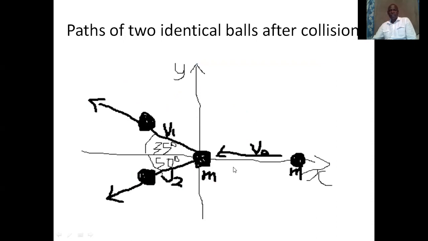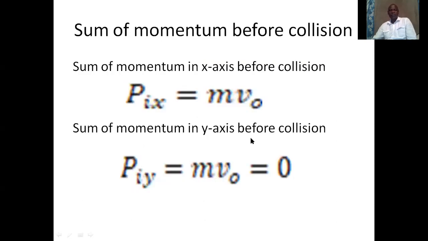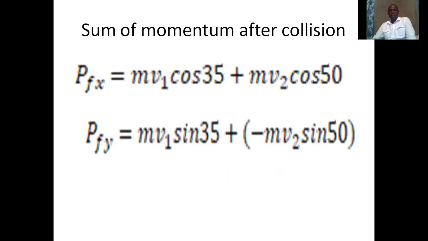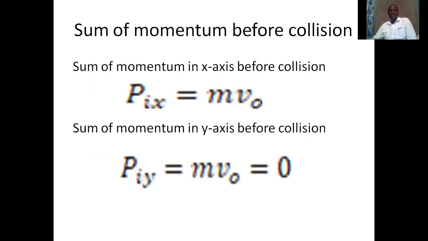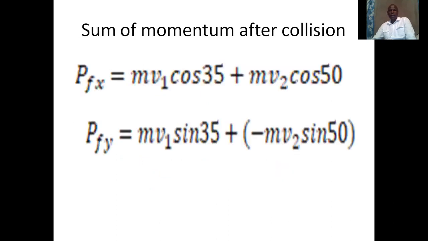So it hits a stationary ball, which means that this ball is at rest and it has no velocity. And so the sum of momentum in the y-axis before the collision will be 0 for the first ball as well as the second ball.